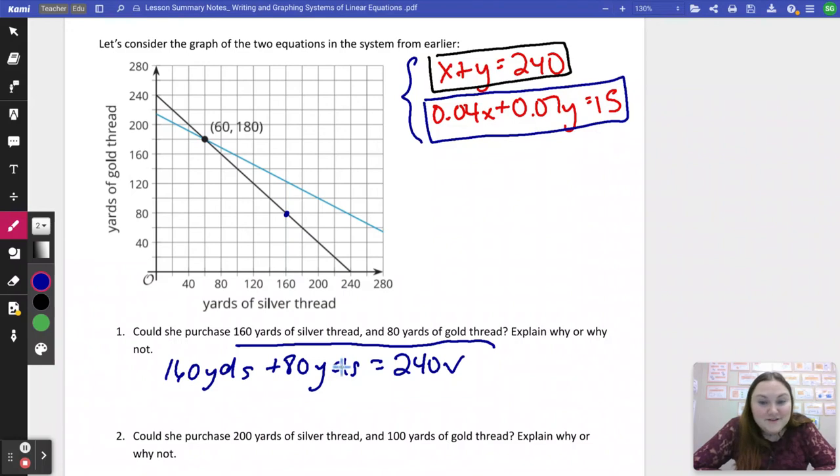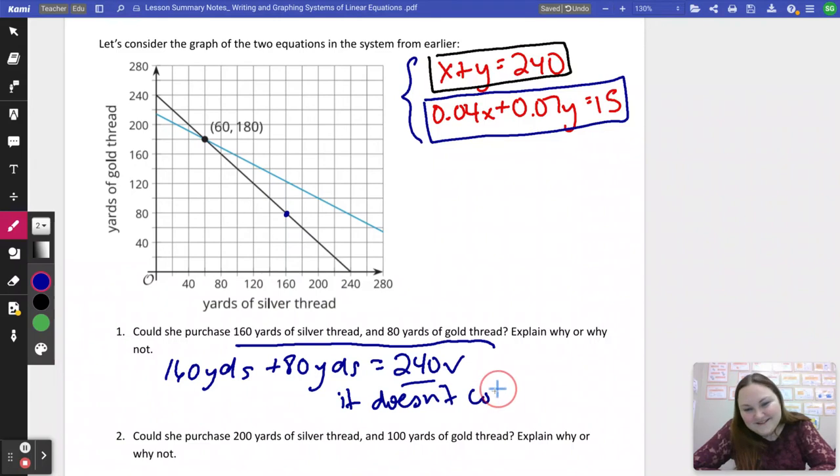It's actually under $15. So it is okay for the total amount of yards needed, but it doesn't cost $15. So I'm going to argue she can't buy that. She can't buy that because it's equal to the amount of yards she needs, but it doesn't match up with that cost constraint we had.